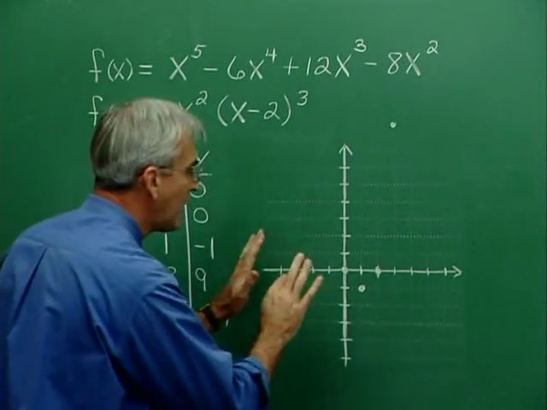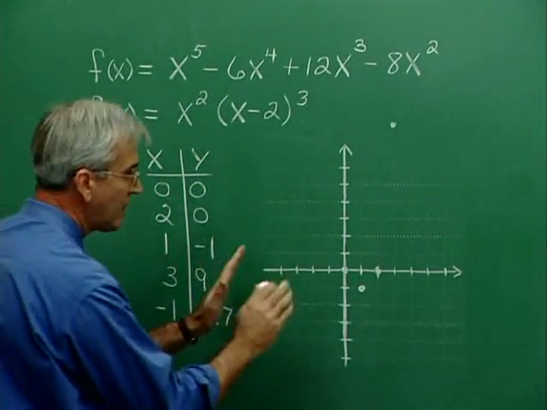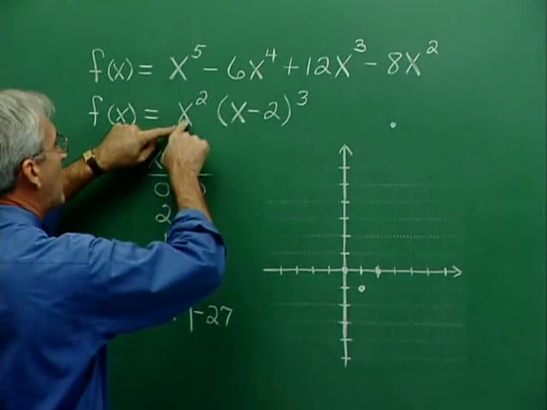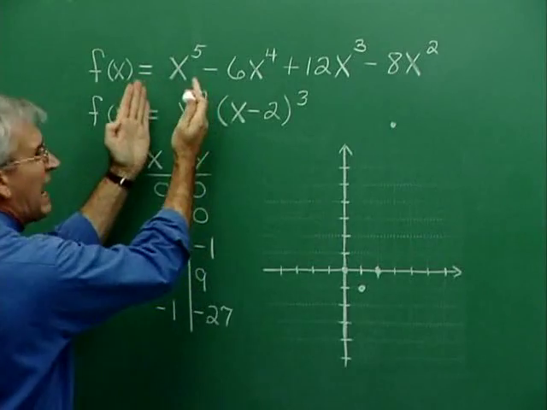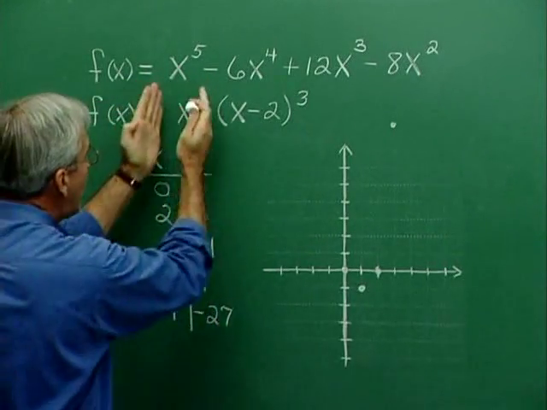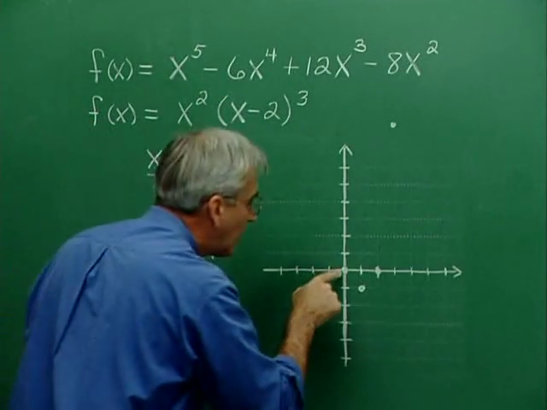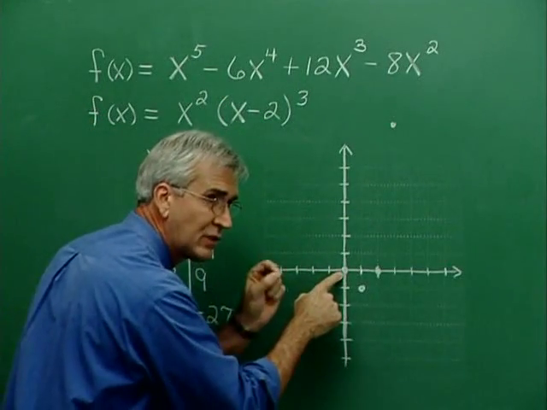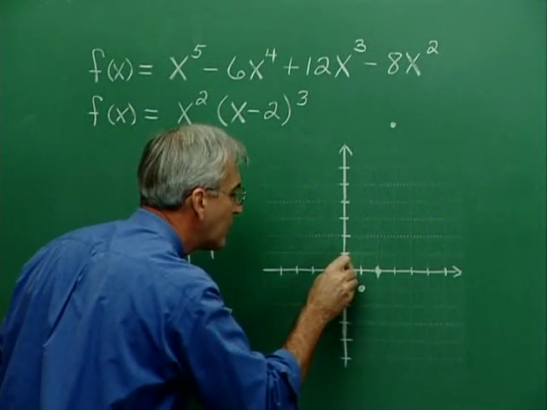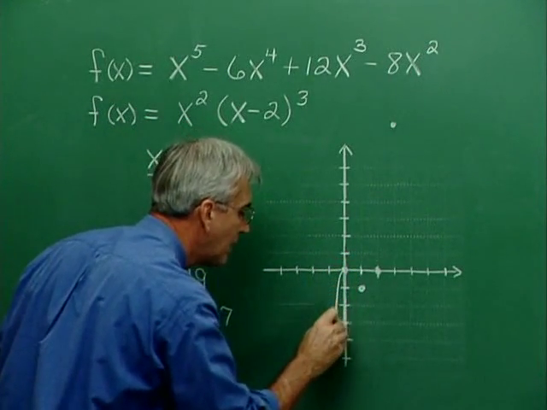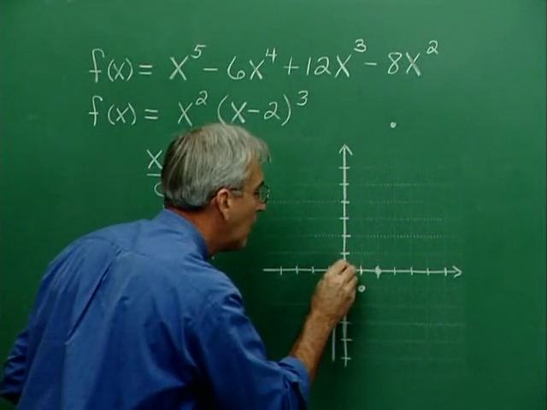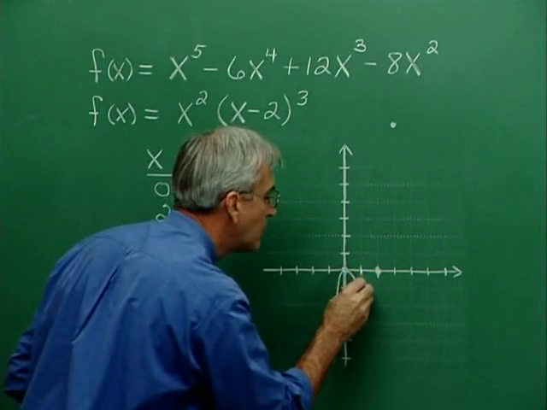Now, here's how we evaluate the nature and the behavior of the graph in this neighborhood. We're looking at an x squared here, and the x squared behavior, we know, is the parabolic behavior. And that behavior will occur at this point, at the 0 corresponding with x squared. So we'll have this kind of parabolic idea within this little bitty neighborhood, and then the graph goes down and goes through this point.